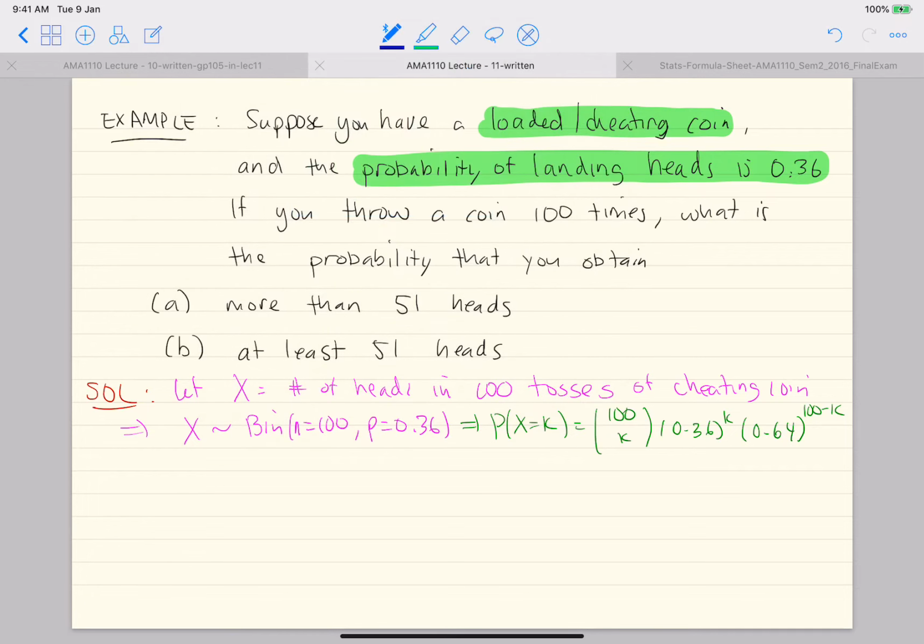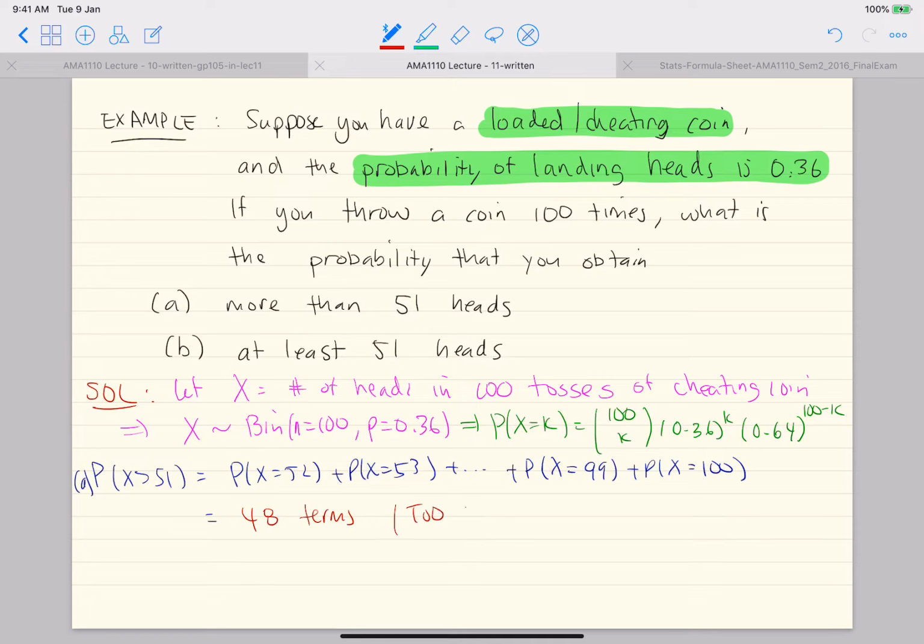So then for part A, the probability you get more than 51 heads is the probability you get 52 heads, plus the probability you get 53 heads, and so on, all the way up to the probability you get 99 heads, plus the probability you get 100 heads. There are 48 terms here you have to add up.